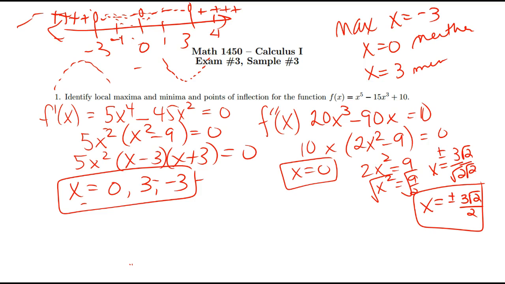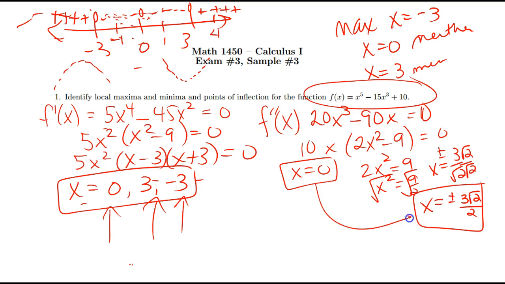Now, what I did too was I graphed the original function, and I went to see if these things make sense, what I got for this and what I got for these points of inflection. So these are the points of inflection. And I think that's answering everything I was looking for. I didn't have to test.